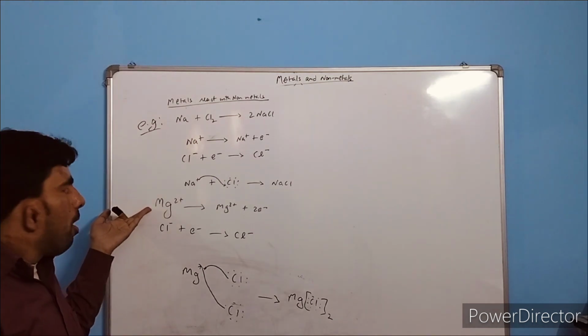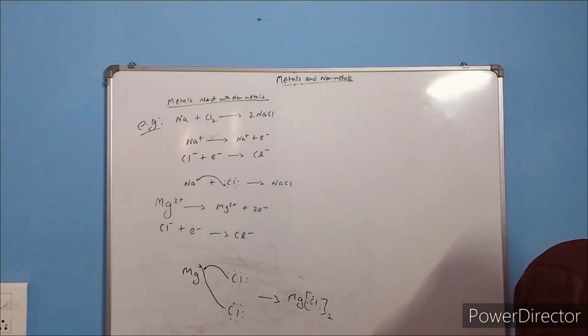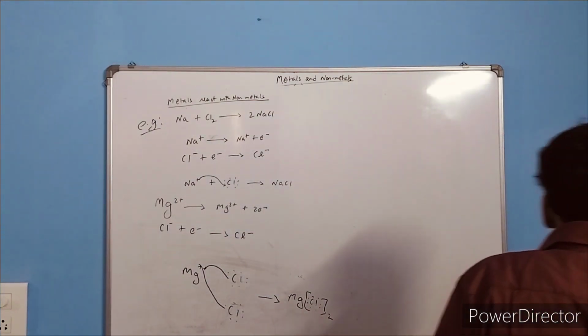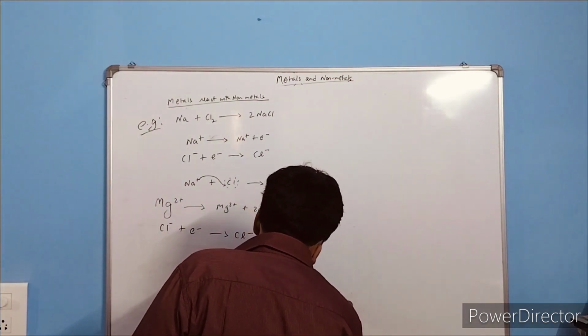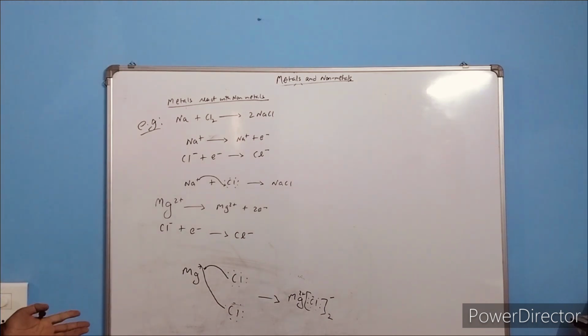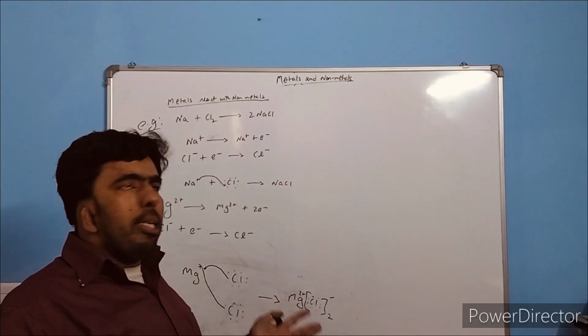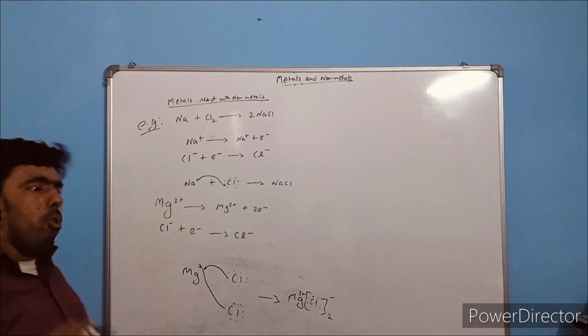Mg is a metal but chlorine is a non-metal, so they are formed like this, Mg2 plus. Here magnesium loses electrons and chlorine gains electrons. So that is how metals react with non-metals.